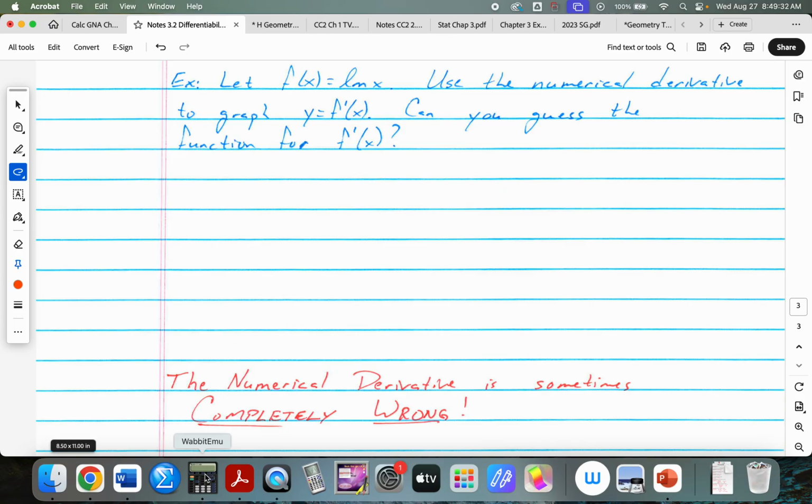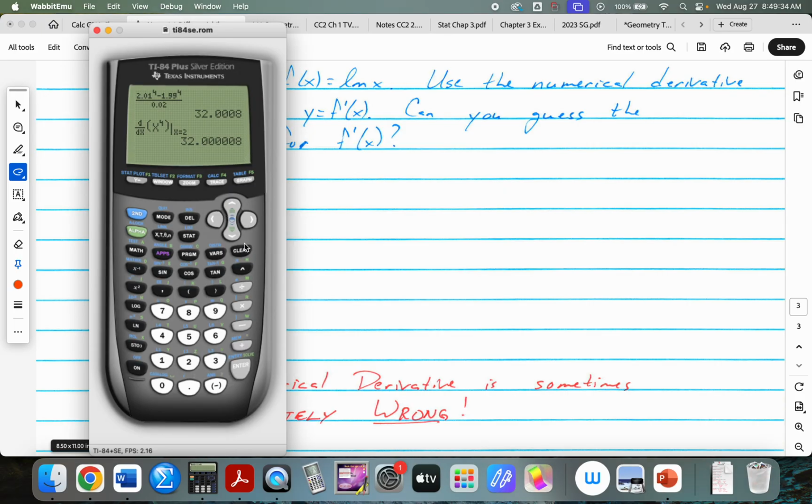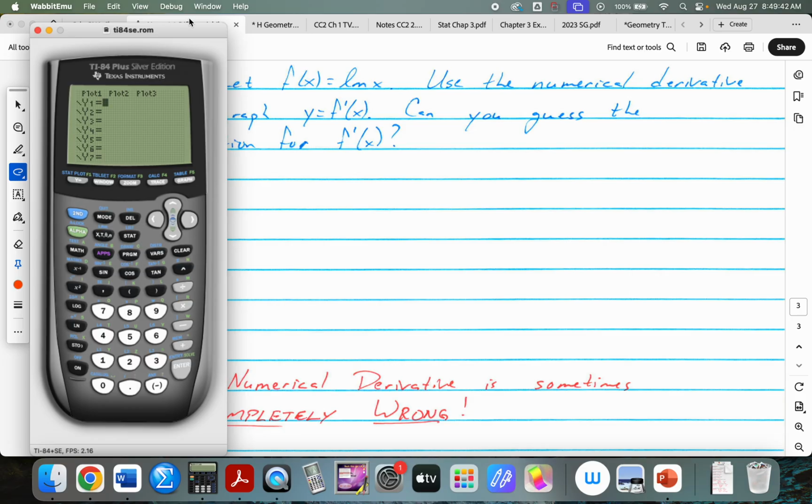Okay, well, let's see if we can do that. So in y equals, I'm going to get rid of this. And I'm going to graph, and yes, it's really, really slow when it does this, but I want the derivative with respect to x of the natural log of x.